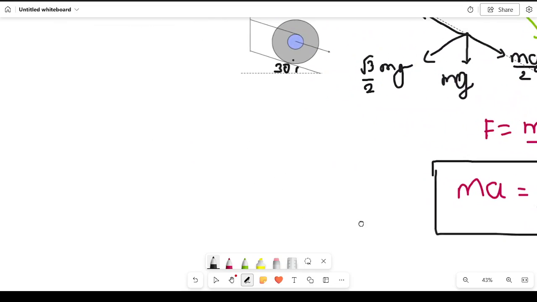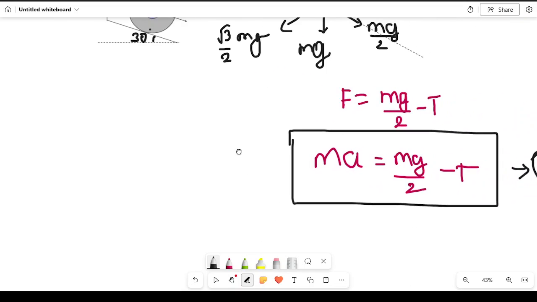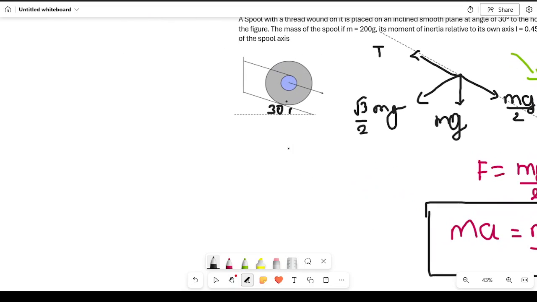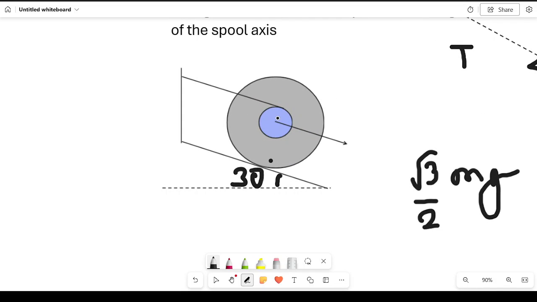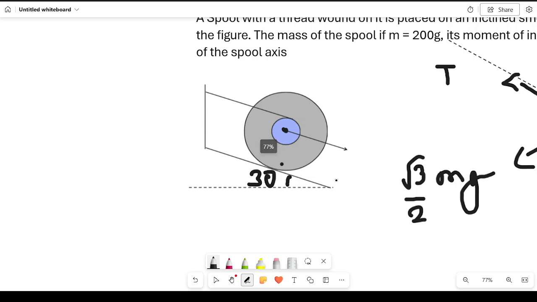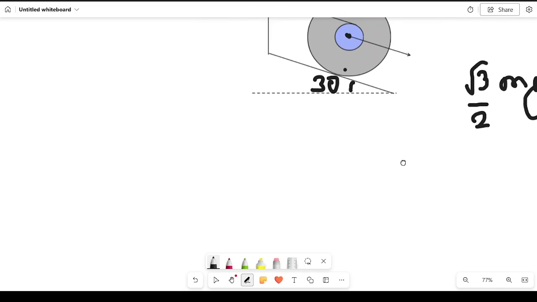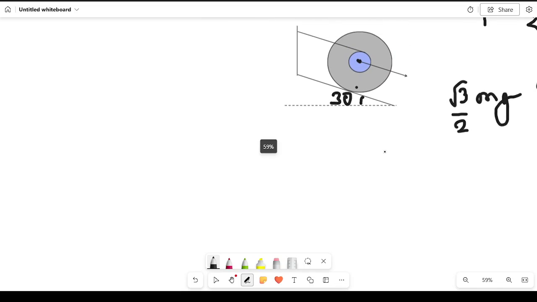Now, using rotational motion concepts, the torque generated by the thread about the center of mass, the center point of this spool, will be equal to I alpha. So tau, the torque, equals I alpha.